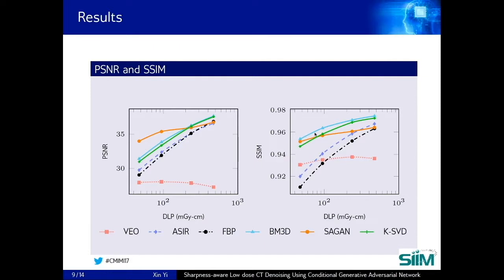Actually, their highest number was achieved by a sacrifice of image sharpness and image details. An average SSIM of 0.95 of a SAGAN denoised result in the lowest dose level is almost equivalent to the image quality of the second highest dose image, which has an effective dose of 3.5 millisievert.